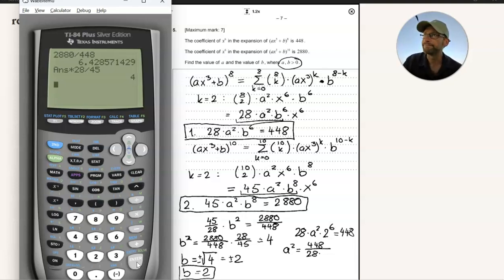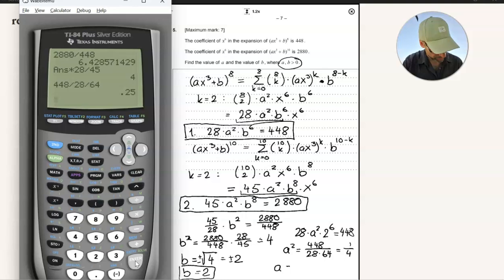Isn't that 64? And I can't do that in my head. So it's 448 divided by 28 divided by 64. I hope this goes well. Yeah, it's equal to 1 over 4.